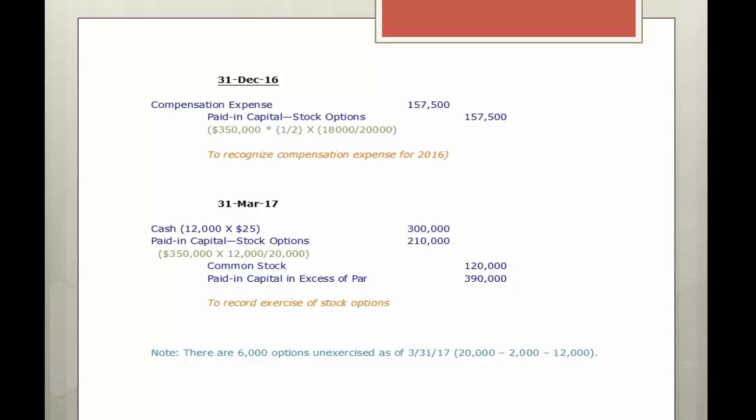That's the amount of cash that we receive. We debit the number of options that are held in the paid-in capital stock options, and then that amount is distributed to common stock based upon par value and our paid-in capital in excess of par. So I think these are the problems that we want to go through tonight.